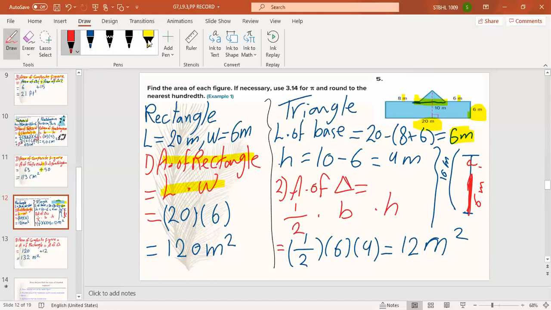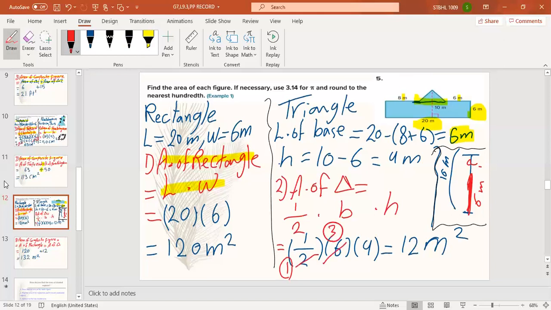And write the formula of area of triangle, which is half times base times height equals half times 6 times 4. I'll simplify. Divide by 2 equals 1. Divide by 2 equals 3. 3 times 4 equals 12 square meter.